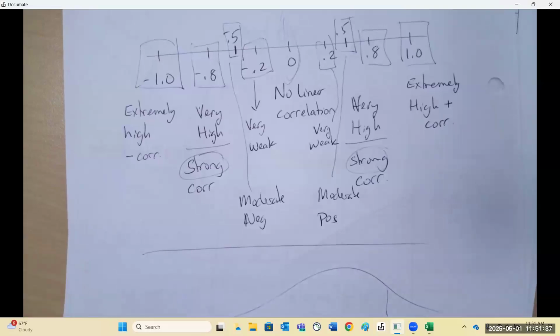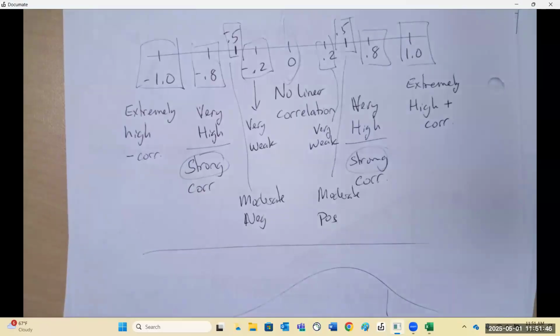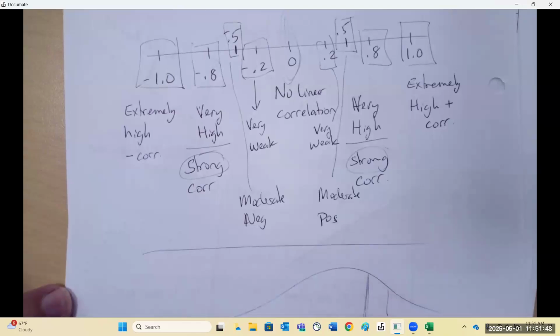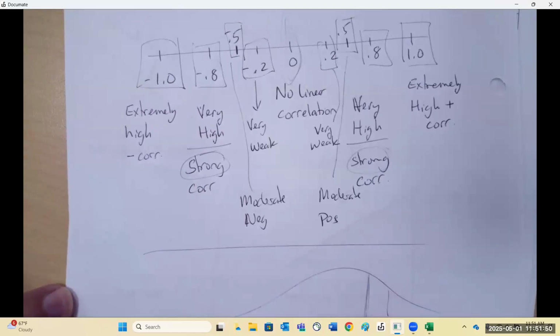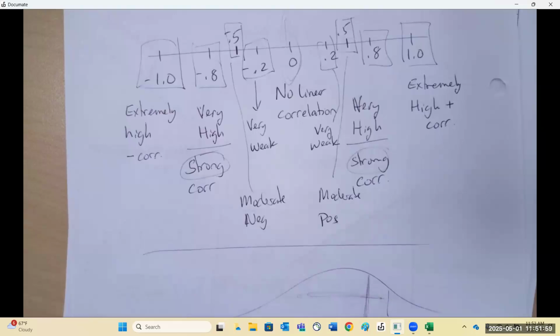So since our value came up to be 0.7283, which is over here, with respect to hypothesis testing, we can't reject the null hypothesis.